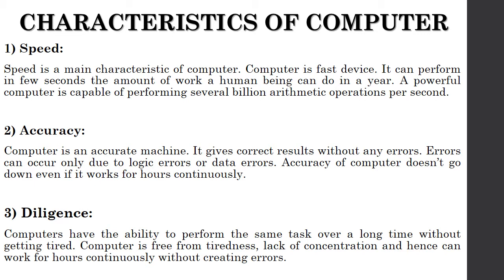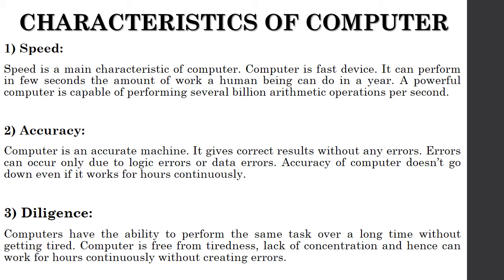If the user gives wrong data to the computer, or if a wrong logic is performed, then errors will occur. So these are the errors caused by the human being. Otherwise computers will always give you correct results. The accuracy of the computer does not go down even if it works for hours continuously.